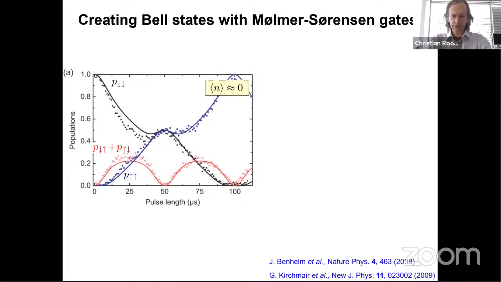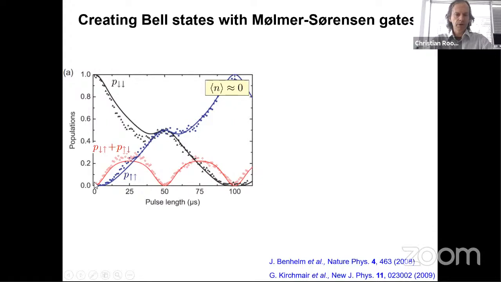Now, how does it look if you apply this to a pair of ions? What you can see here is the population where both ions are in the spin down state, which is the initial state, versus the duration of the laser pulse that induces the coupling. With increasing laser pulse duration, the population in the initial state starts to drop.